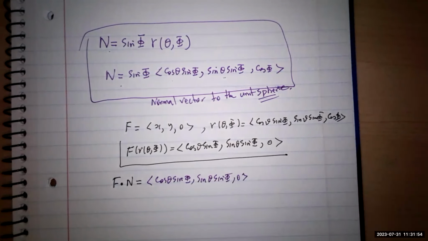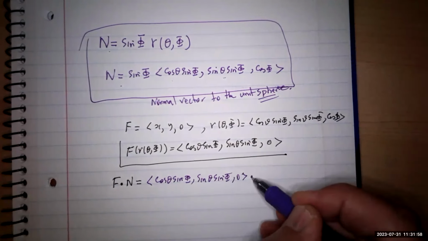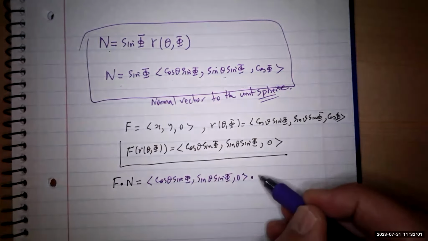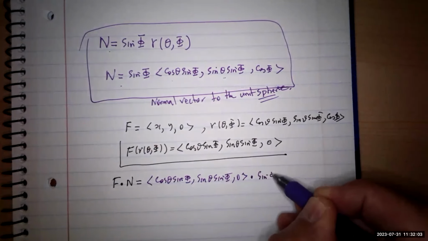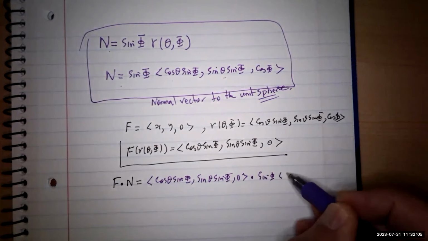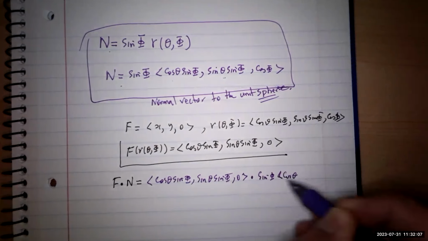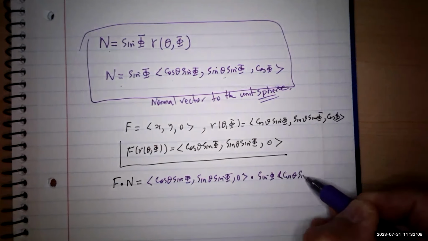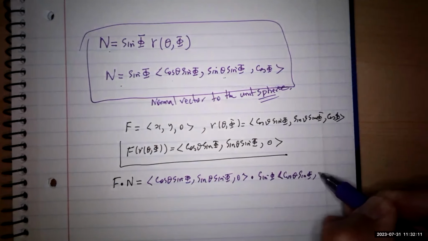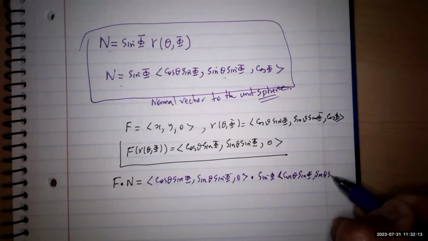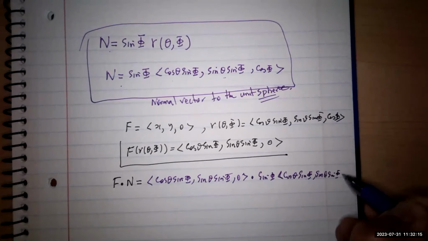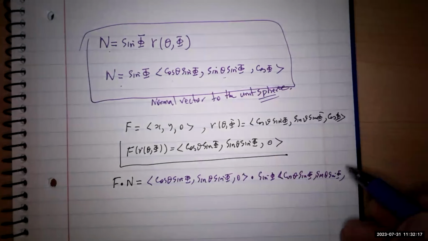And this is going to be dot what? Dot n, which is (cosine theta sine phi, sine theta sine phi, and cosine phi).